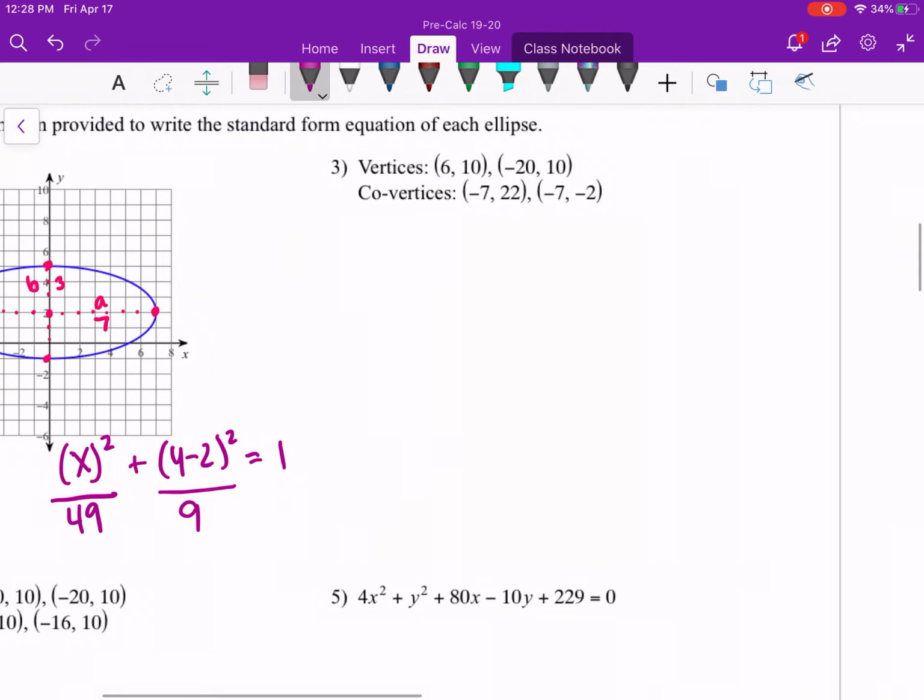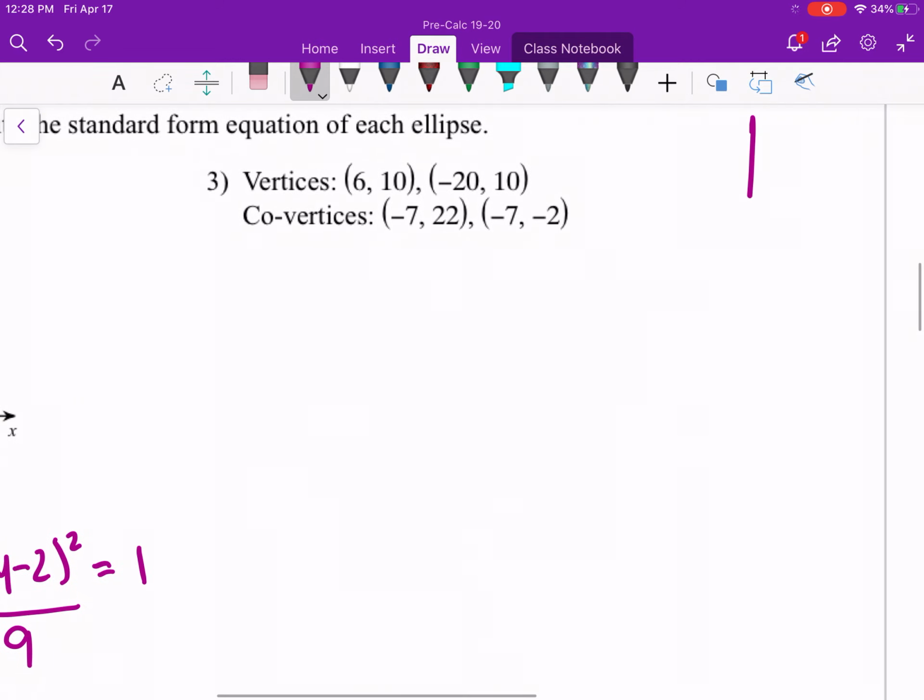Like I said, this stuff, it's just always better to plot it. Just think about it on a graph. That's the way I do it. And it really helps visualize it a bunch of times. So we are at 6 over 10 up over here. And then we've got negative 20, 10. So this is 6. Negative 20, 10 up here. And then my co-vertices are at negative 7.